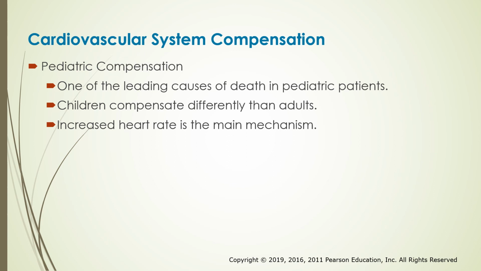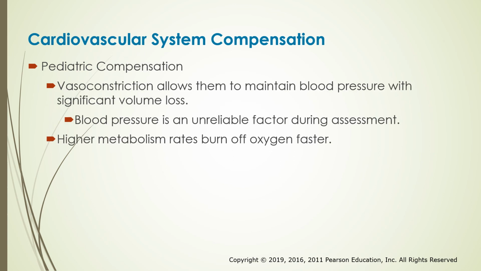The problem with kids is their main compensation mechanism is to increase their heart rate. They can vasoconstrict really well, which allows them to maintain blood pressure when they've lost a lot of blood. This is a problem though, because we'll be taking blood pressures, and it gives us a false sense of security because, well, their pressure is fine.